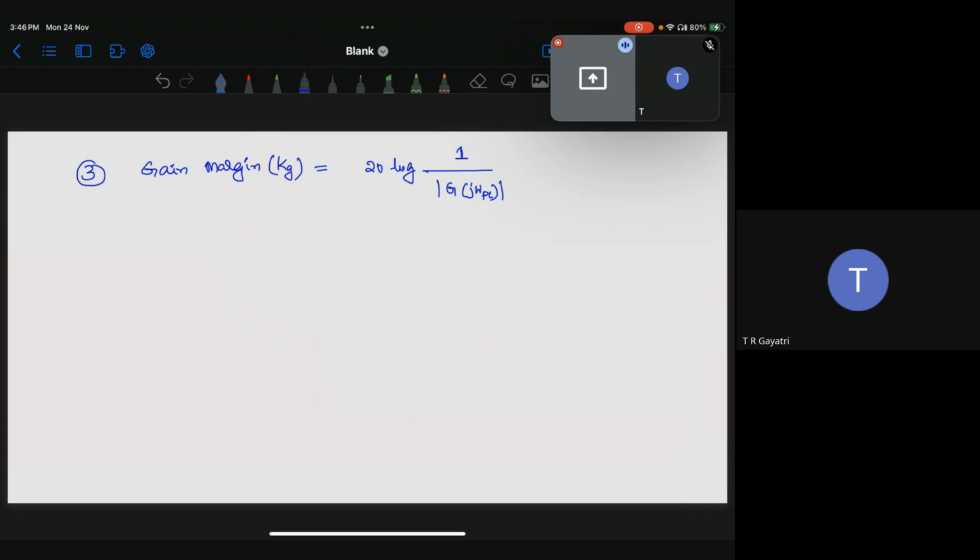So that is 20 log 1 by, mod, we have 20 numerator by root over 1 plus 2 square, because omega PC is 2. Okay, so that is 2 dB.